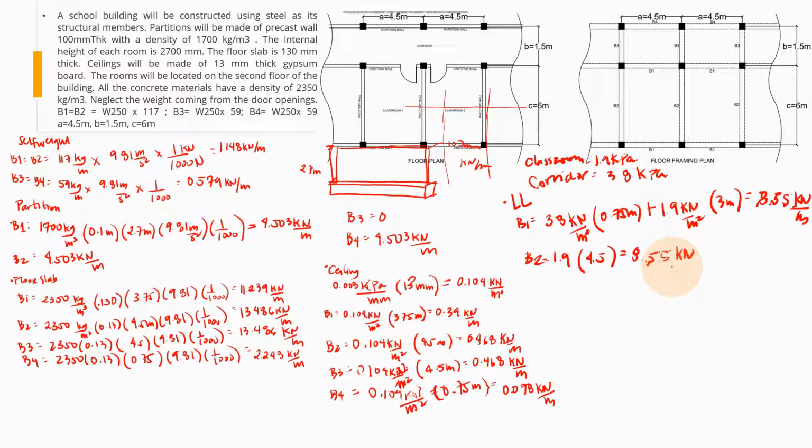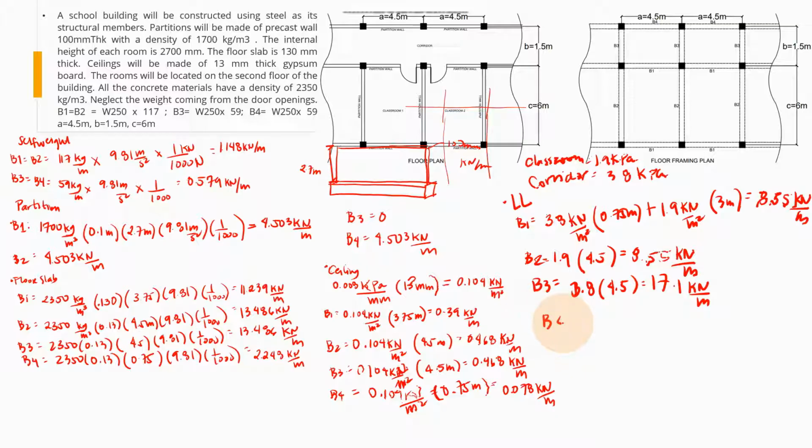kilonewton per meter. And then for our beam 3, consider natin is yung weight of corridor or yung live load coming from the corridor. So 3.8 multiplied natin yung tributary width which is 4.5. So 3.8 times 4.5, we have 17.1 kilonewton per meter.